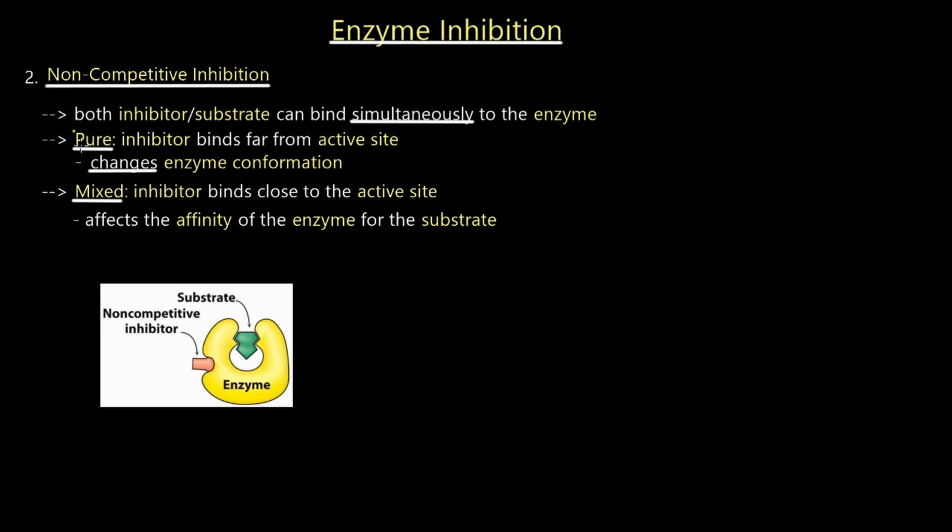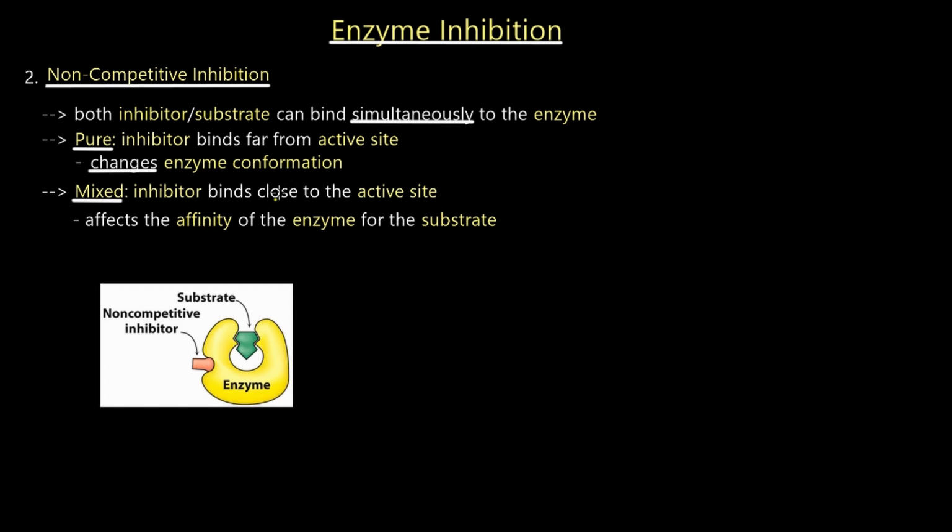Now in pure non-competitive inhibition, the inhibitor binds far away from the active site. So it could bind further away from the active site, and what it does is that it changes the enzyme conformation, which then makes the enzyme less effective in catalysis. So it can convert less substrate in less amount of time, or it can just permanently stop the enzyme from working because it changed the enzyme conformation.